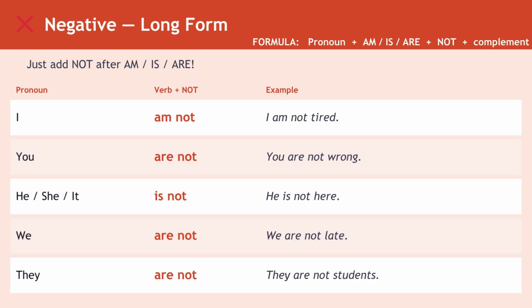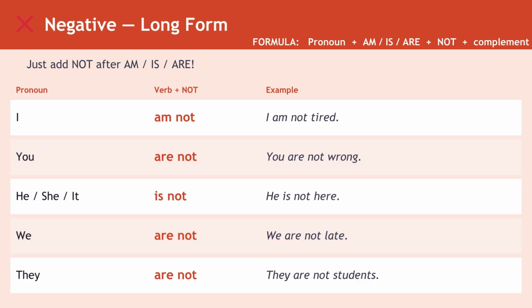He is not here. She is not. She is not sad. It is not. It is not a cat. We are not. We are not late. They are not. They are not students.